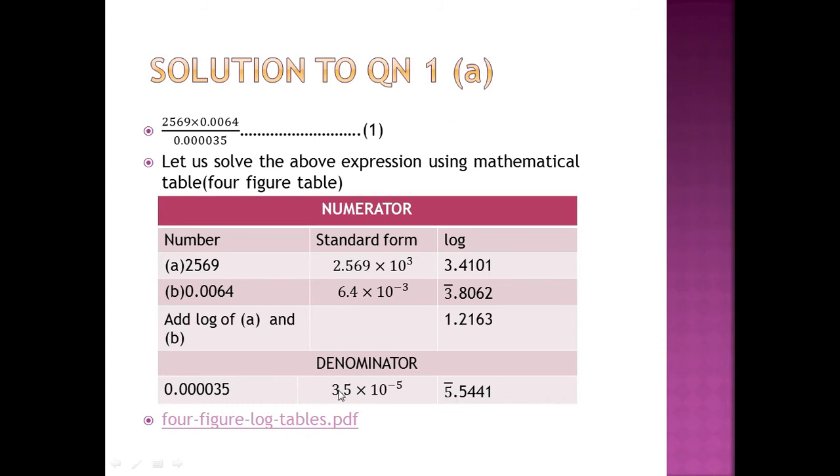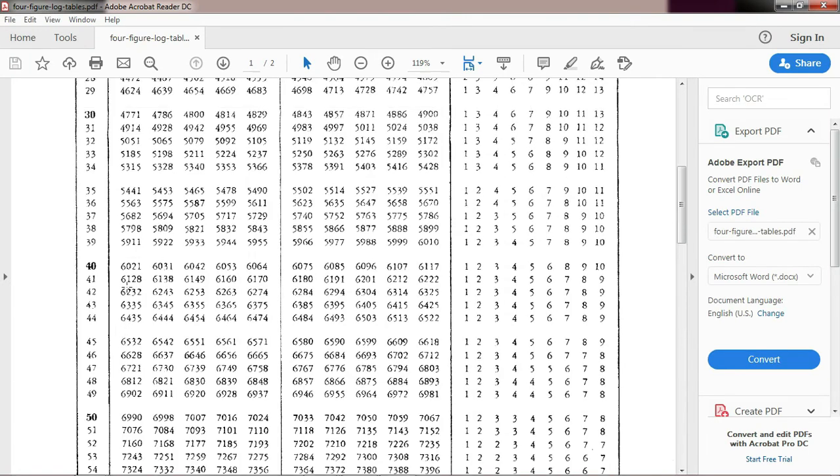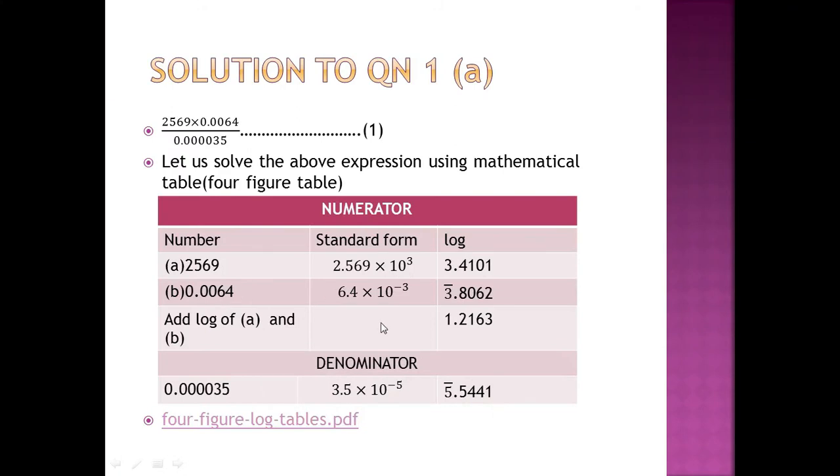Then we are looking for 35 in the table. The next number is 0, so it's going to be 5441. Then we put that number on the table: bar 5 point 5441.